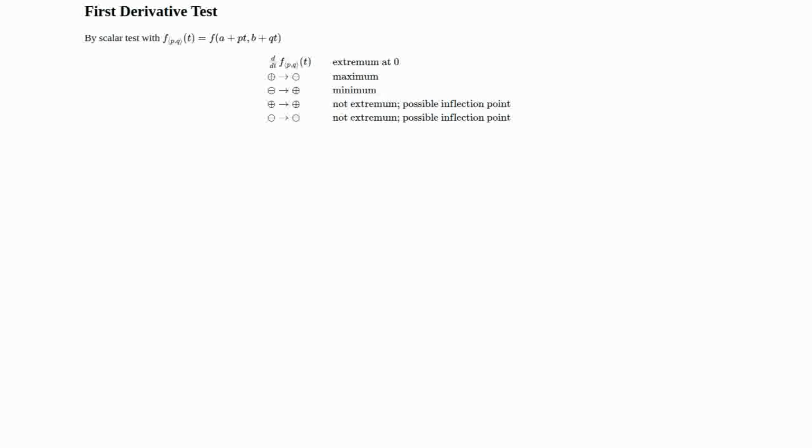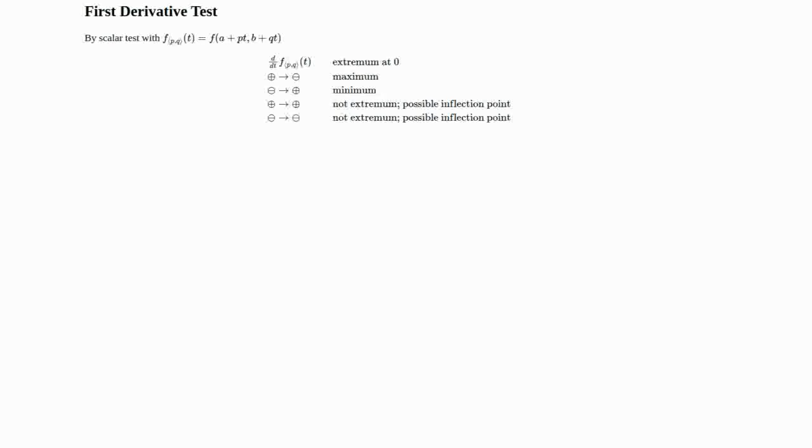So in particular, we will look at the first derivative of f_pq(t) and check what happens as t goes from below up to 0 and then through 0 into the positive numbers. And we'll classify the extrema at 0 according to this table.